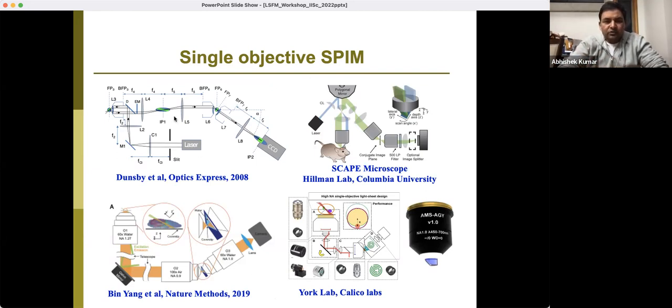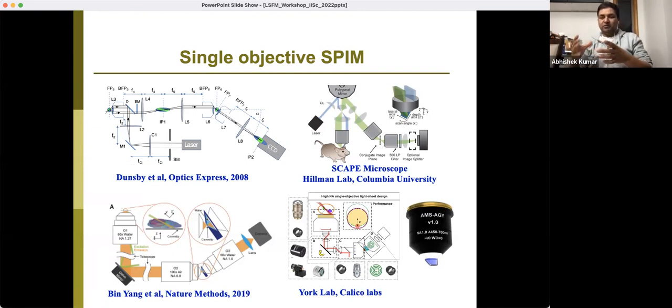And I would encourage you all to read this classic paper from Dunsby's group, which was published in 2008. And he has done very detailed calculations also to show the limitations of these systems. And basically what he demonstrated is you can use the same lens.